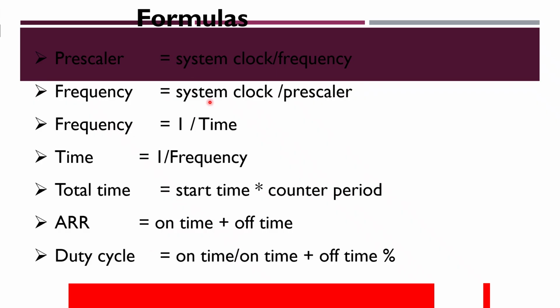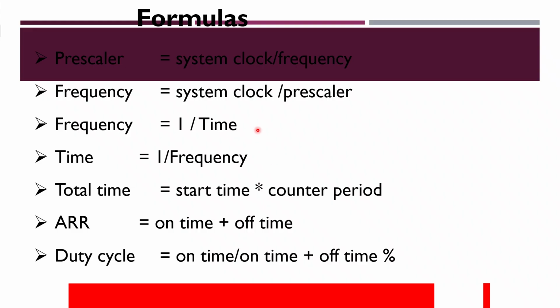Next, formulas. What are the important formulas we have to use in PWM? For the prescaler, the frequency is the system clock divided by the prescaler. Again, frequency is 1 by time, and time is 1 by frequency.